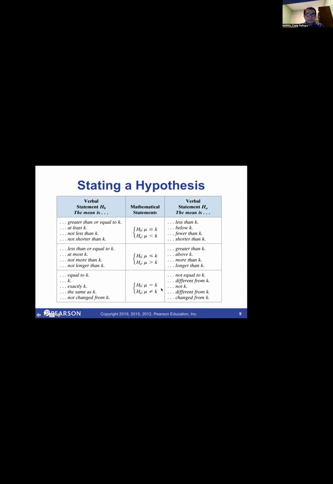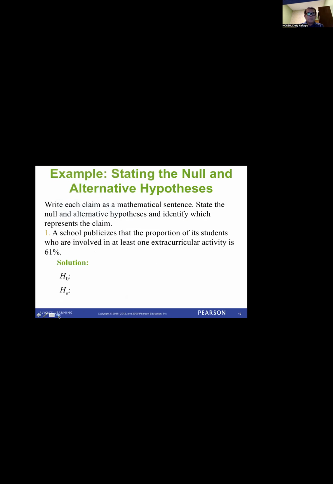I mentioned earlier that of the three possibilities in terms of mathematical statements, only one is true in a given setting. So let me go back to this. So we have H0, p is equal to 0.61, and then HA, p is not equal to 0.61.